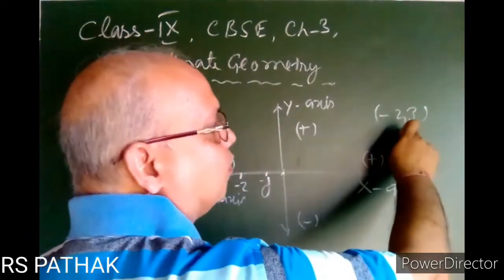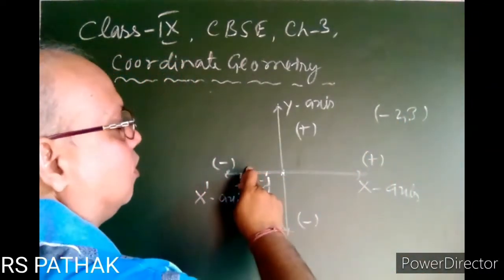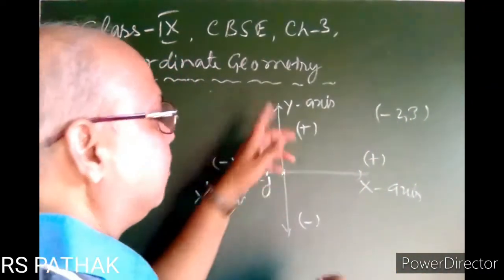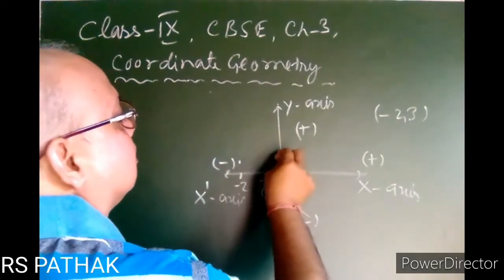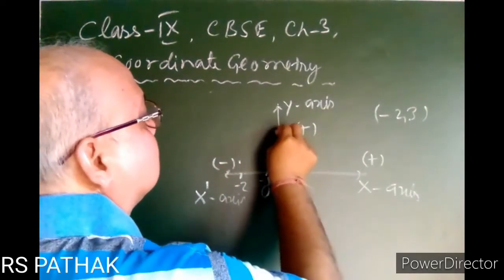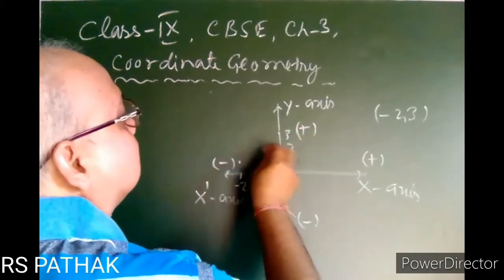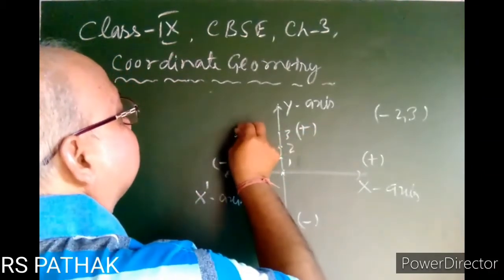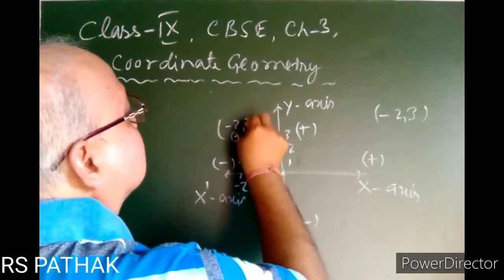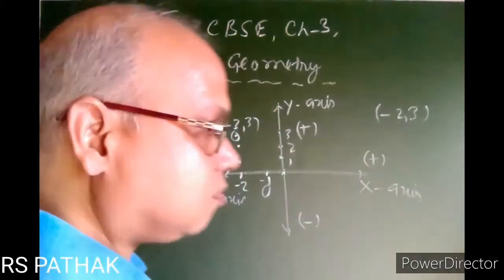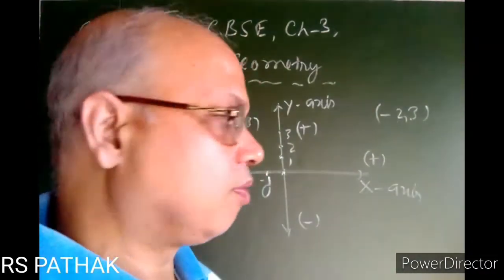This 3 is positive, so you will move along the y-axis in the positive direction by 3 units: 1, 2, 3. This point is (-2, 3). Understood?